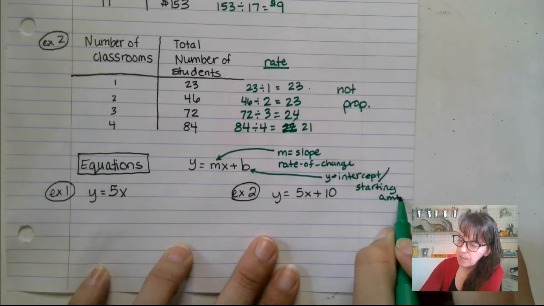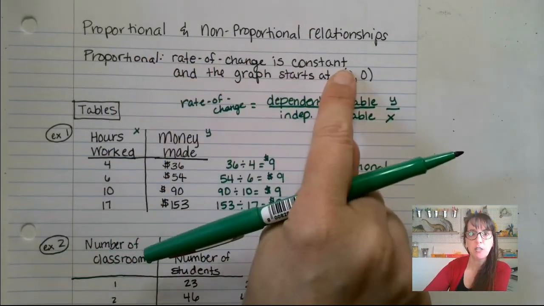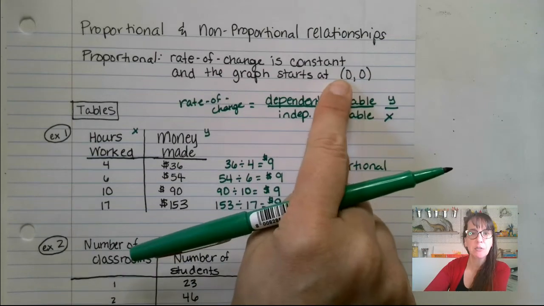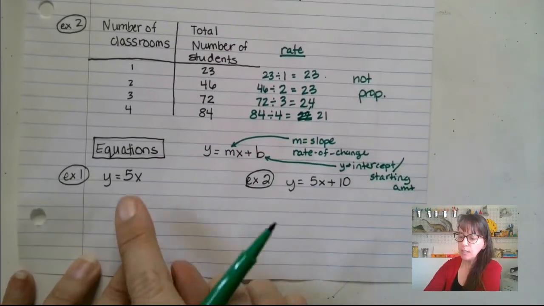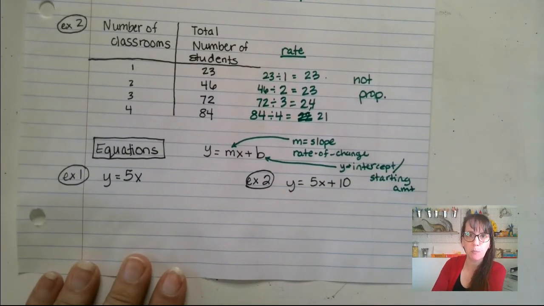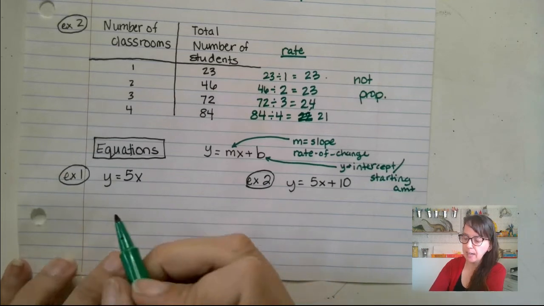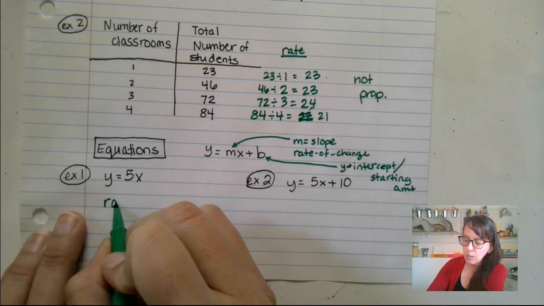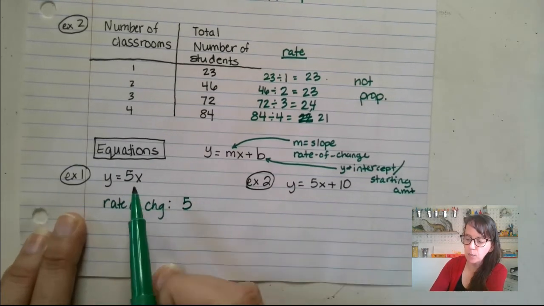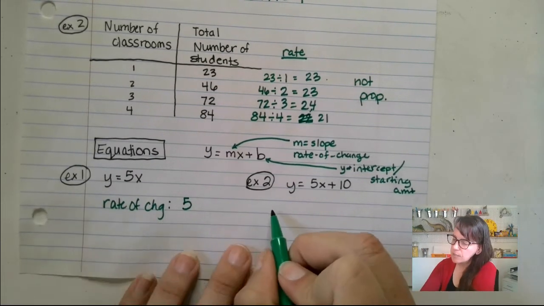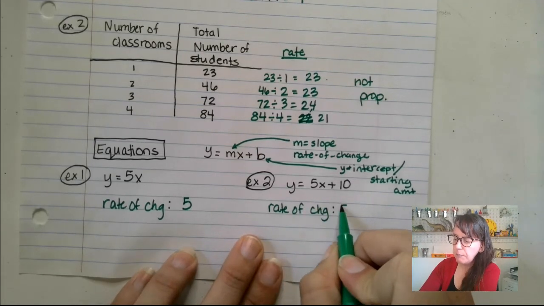Now remember at the beginning I said for something to be proportional, your rate of change is constant, but the graph also has to start at 0, 0. That means it's going to intercept the graph at 0. So take a look at example 1 and example 2 and make sure to write those both down in your notebook. This equation here has a rate of change of 5, because it's what comes in front of our x. This one also has a rate of change or slope of 5.